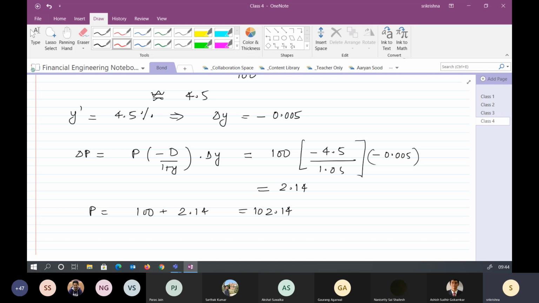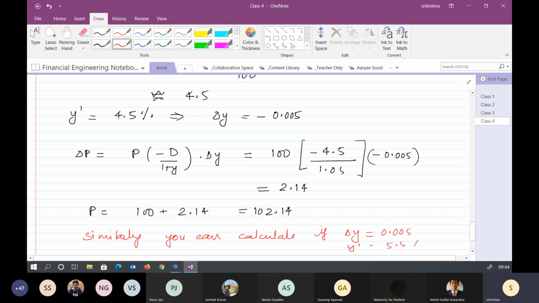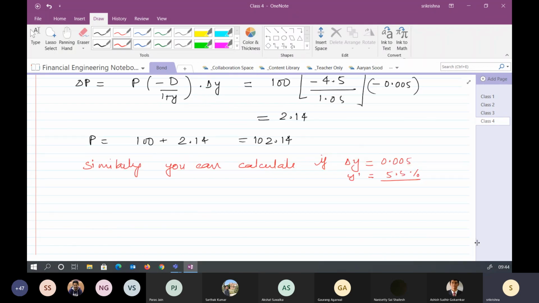Similarly, you can calculate if delta y is positive 0.005. It means that the y dash has now become 5.5%. Can you calculate now? Yes, sir.